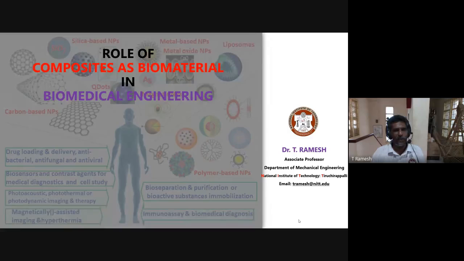Today, we'll have a discussion on the role of composites as a biomaterial in biomedical engineering. Maybe the topic is slightly advanced, but as a beginner, this is the right time to seed you with novel and advanced technologies, so that you'll be selecting or opting for a particular research interest in your research domain.